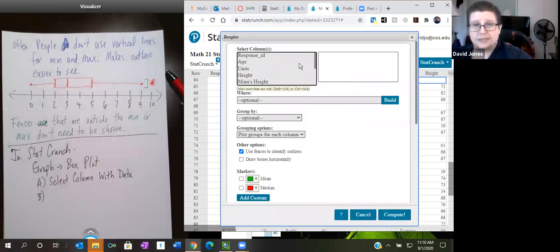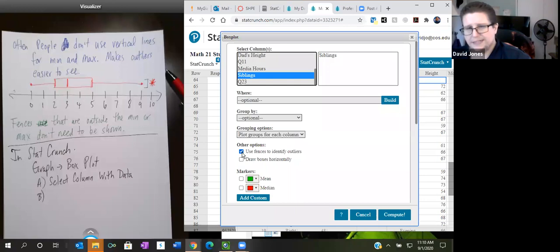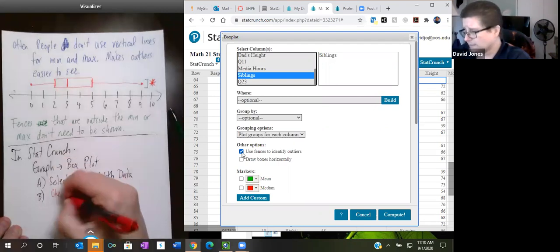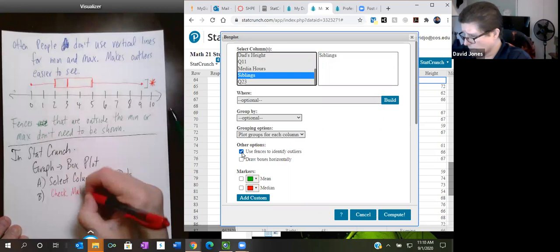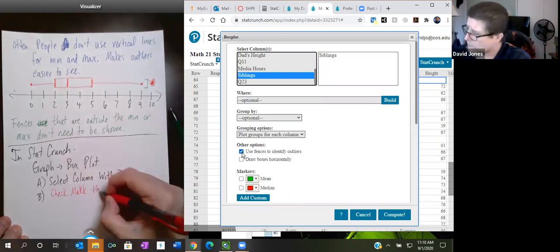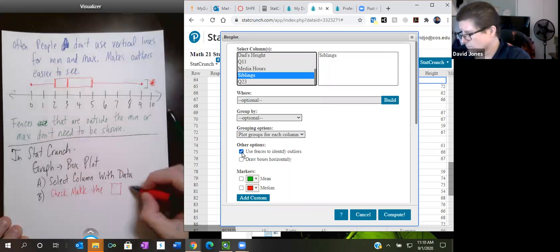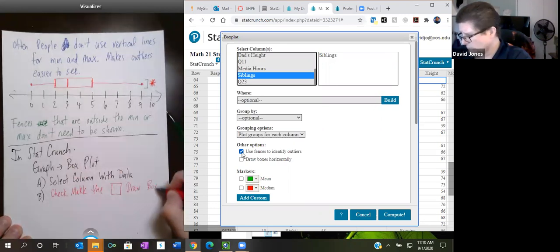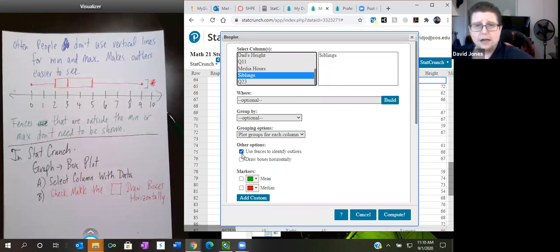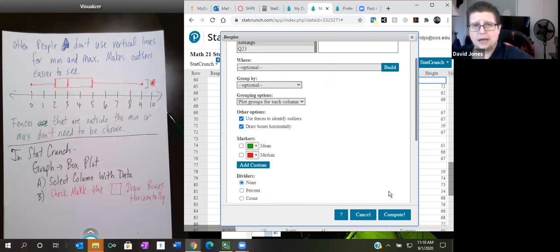I'm going to do siblings here. Use fences to identify outliers is automatically checked. Check mark the draw boxes horizontally. So I'm going to click that. And we'll click compute.